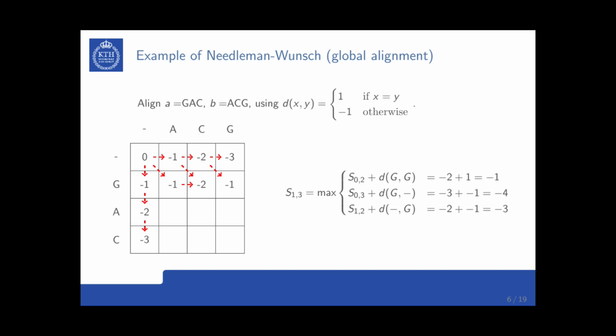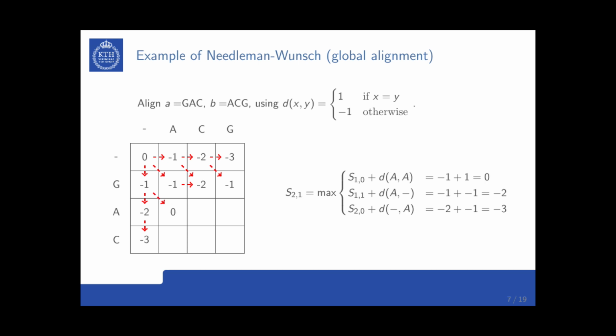We can as well use S12, moving from earlier on the same row, which scores -2, and add a gap penalty to that. That's -3. So out of those three elements, we select the maximal element, and that's -1. So the score of the alignment coming to this position is -1.